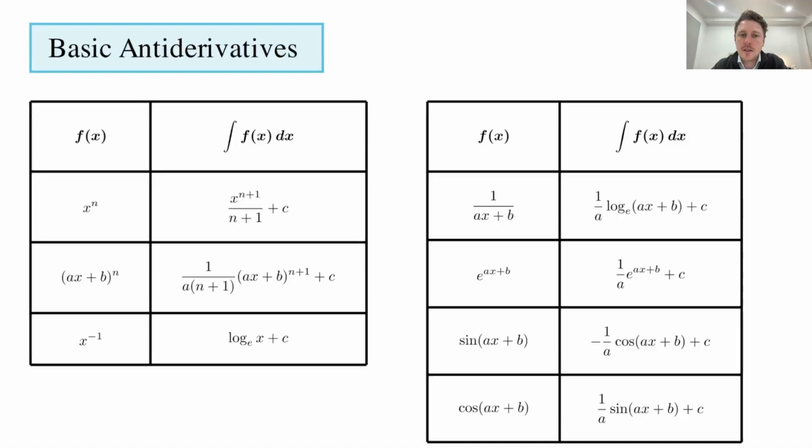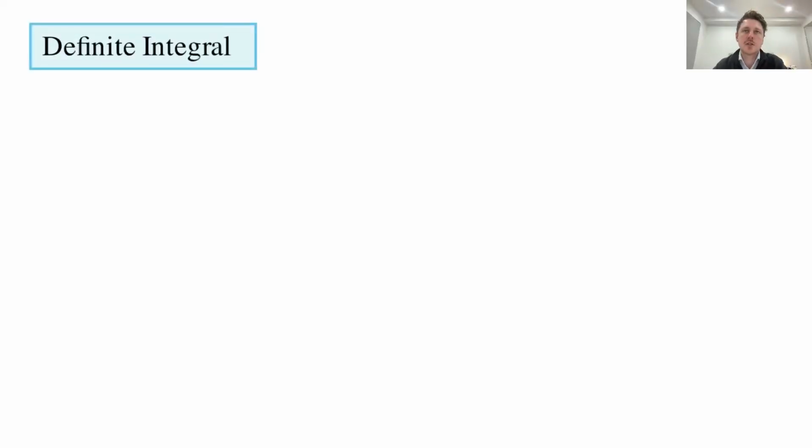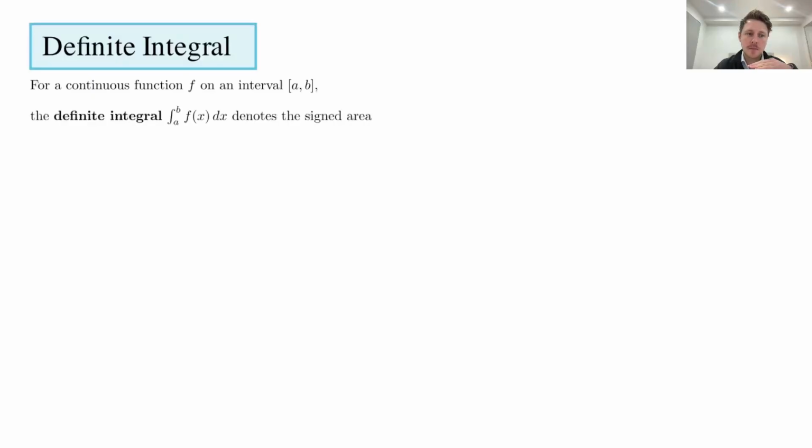Okay, to talk about one other important thing, we can talk about what's called the definite integral. You might have noticed before I mentioned the indefinite integral, where we've got this constant of integration. Now we can talk about the definite integral. If you take an integral, an antiderivative essentially, between two values a and b, that is what's called the definite integral, and it denotes the signed area enclosed by the graph of y equals f of x, the x-axis, and the lines x equals a and x equals b.